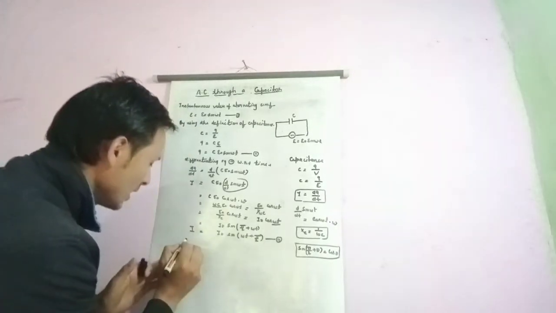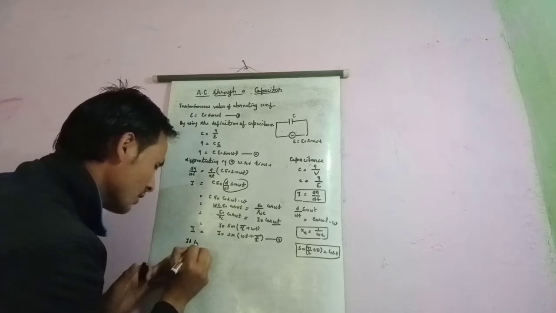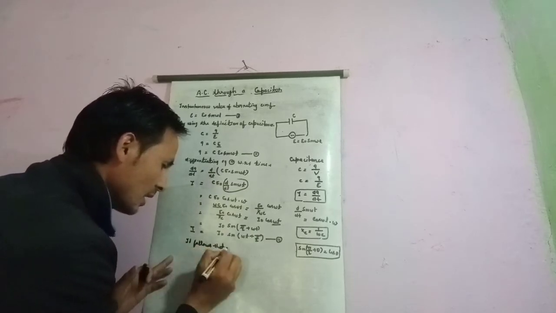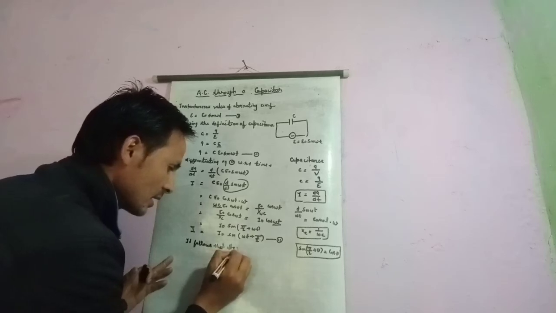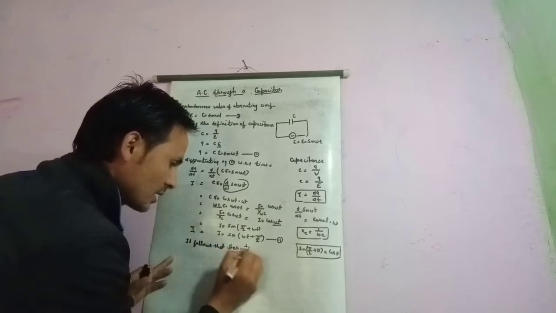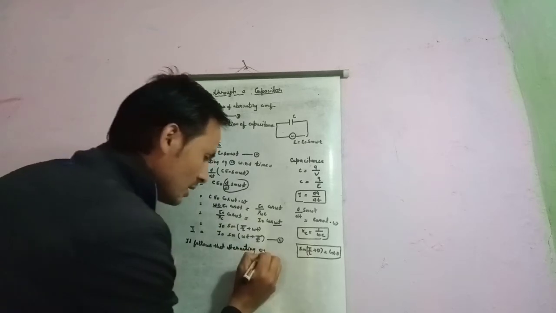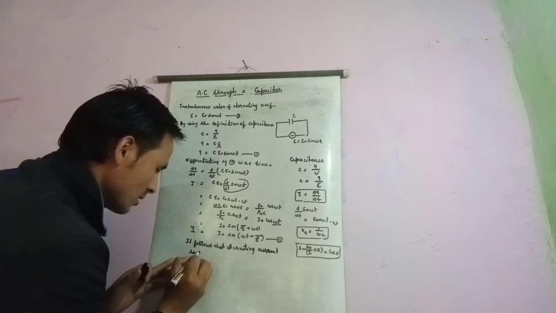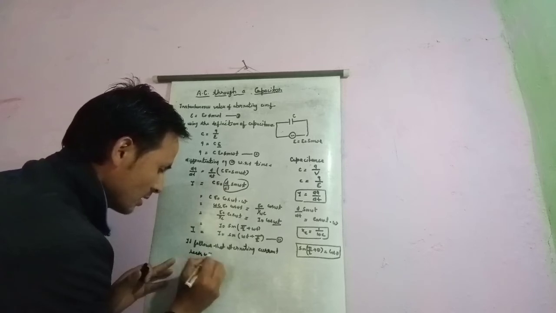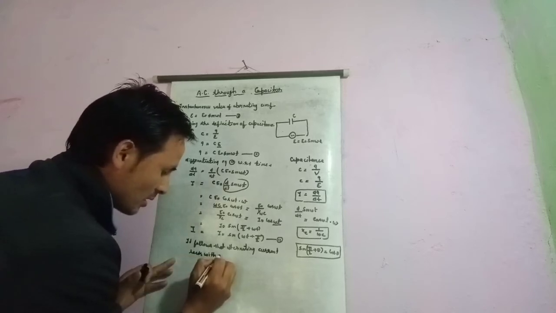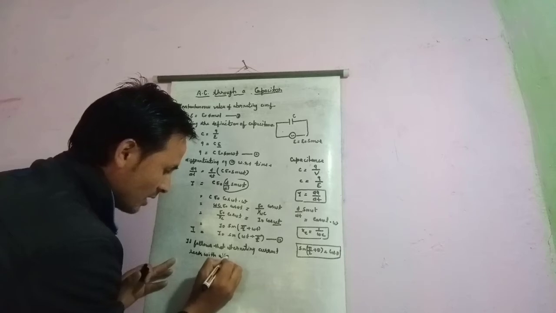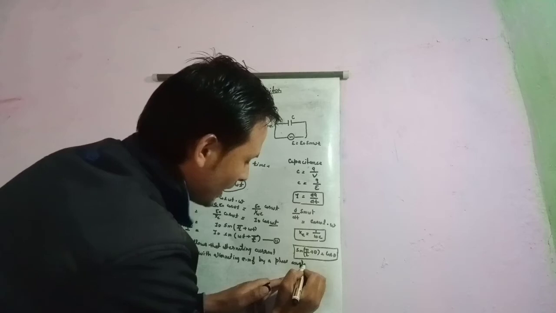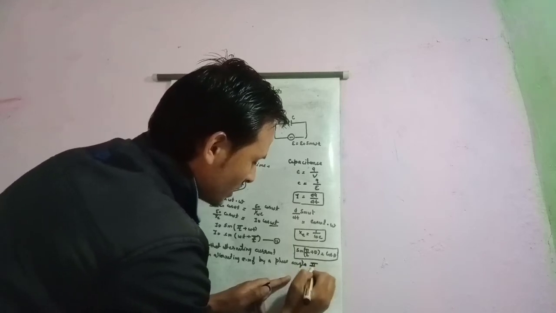So we can write, it follows from equation 1 and 2 that alternating current leads alternating EMF by a phase angle pi by 2.